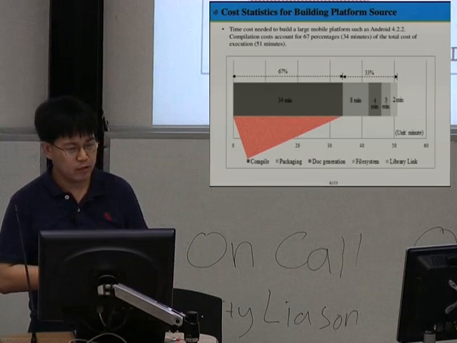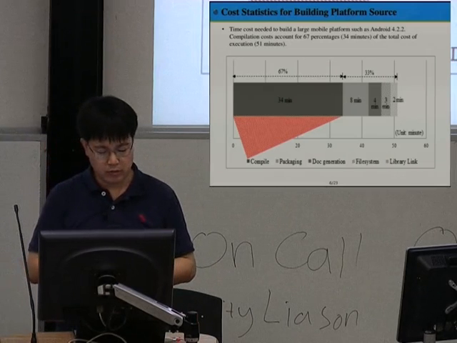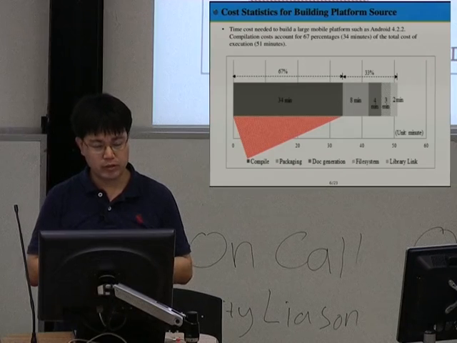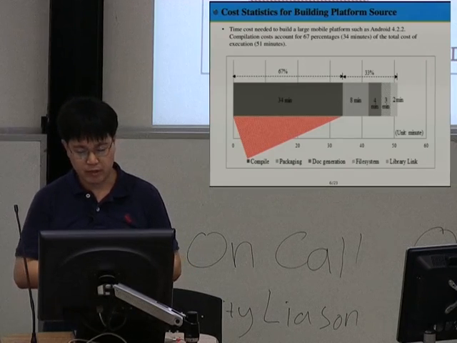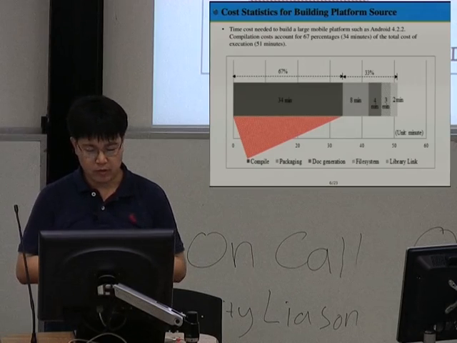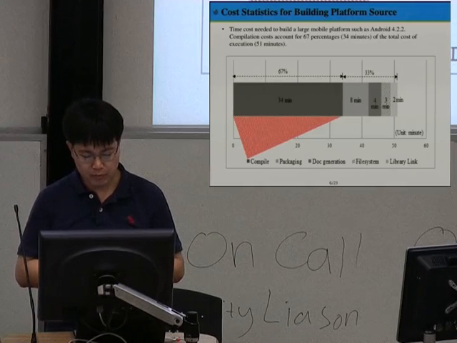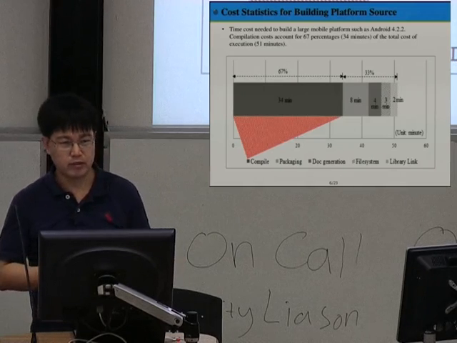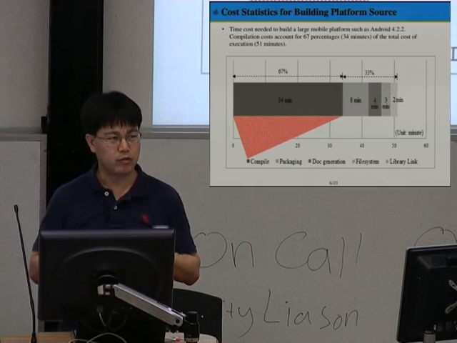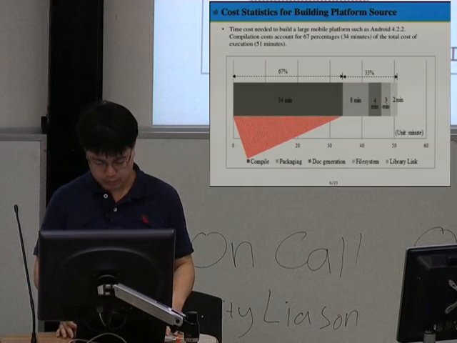So it means that distributed-related study and research is very important, so that we can reduce the entire build time of the platform source by utilizing the idle resource of remote computers.